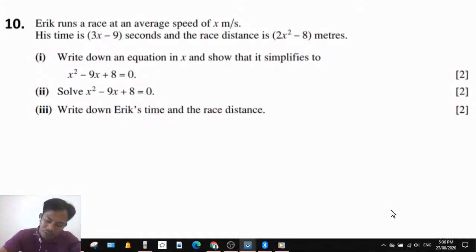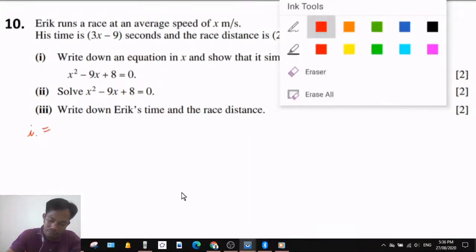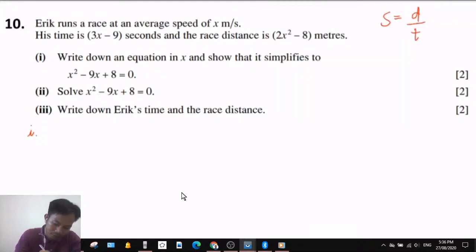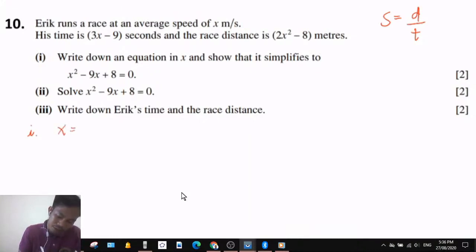So again, we'll use speed is equal to distance over time. For question number 1, speed is already given, which is x. Distance is already given, 2x squared minus 8.